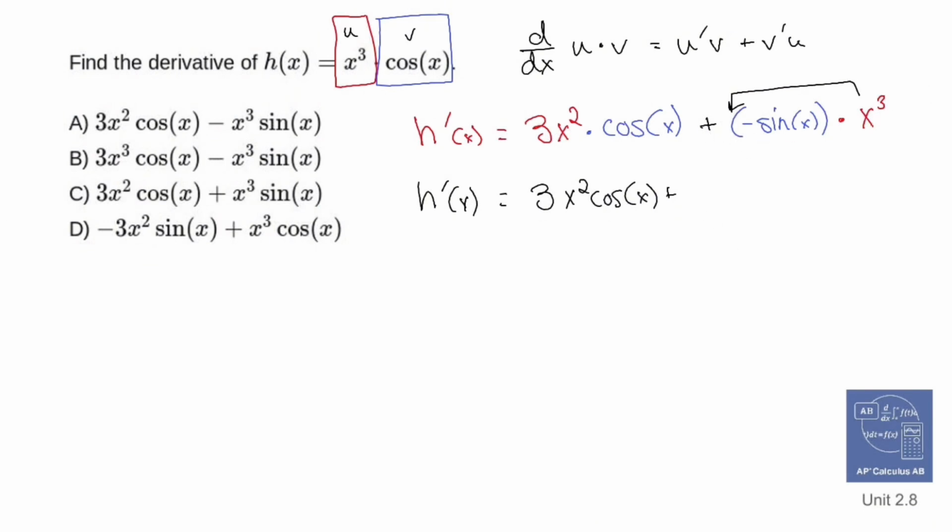So maybe not a plus. Let's get rid of the plus and make it minus x cubed sine x. So 3x squared cos x minus x cubed sine x is going to be our answer.